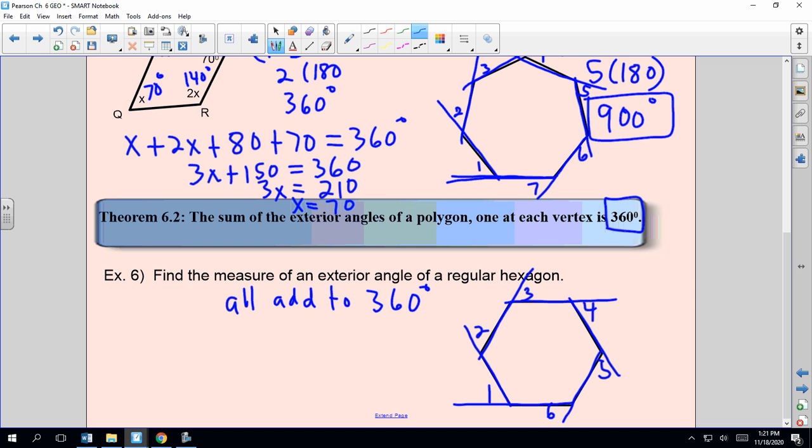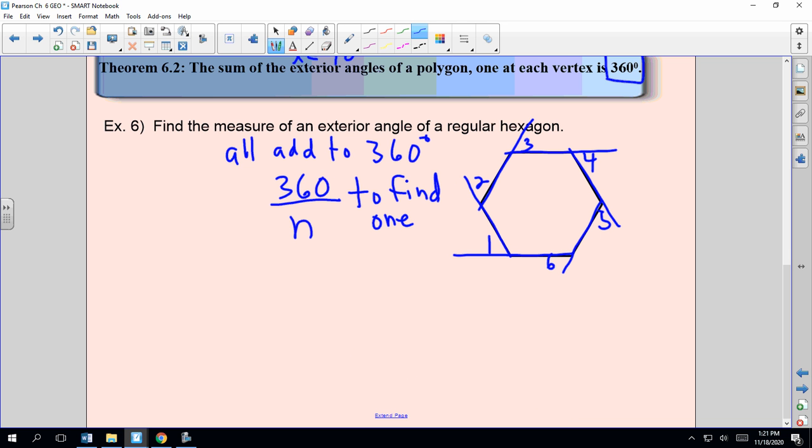If you want to find one of them, you just take 360 and divide by n. What is n? N is the number of sides we have here. So we have 360 over 6, which is 60 degrees. So any of these around here is going to be 60 degrees.